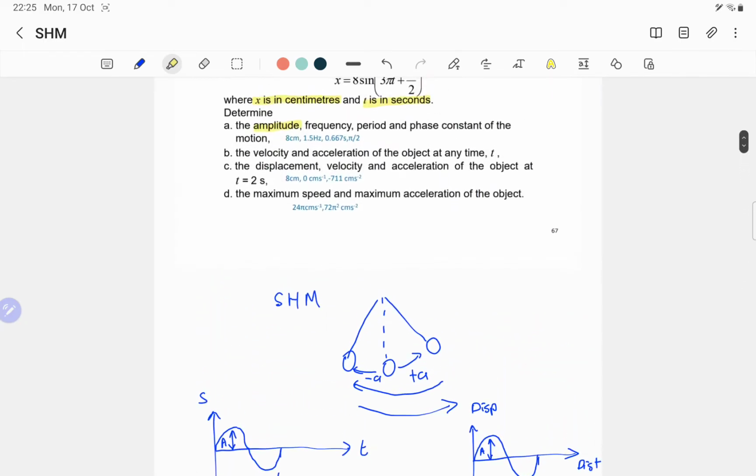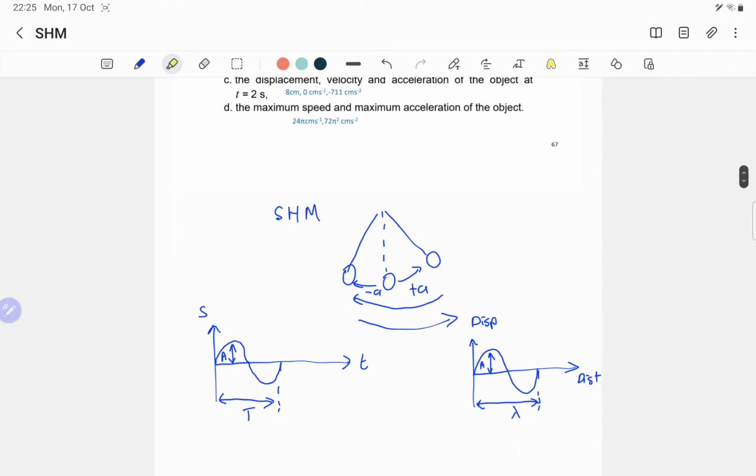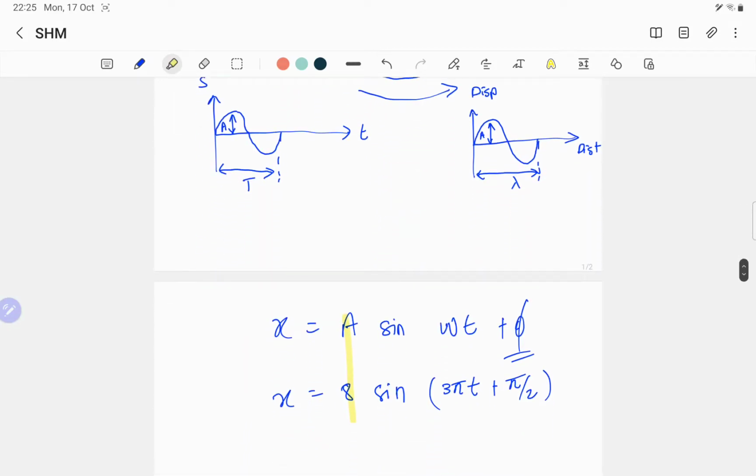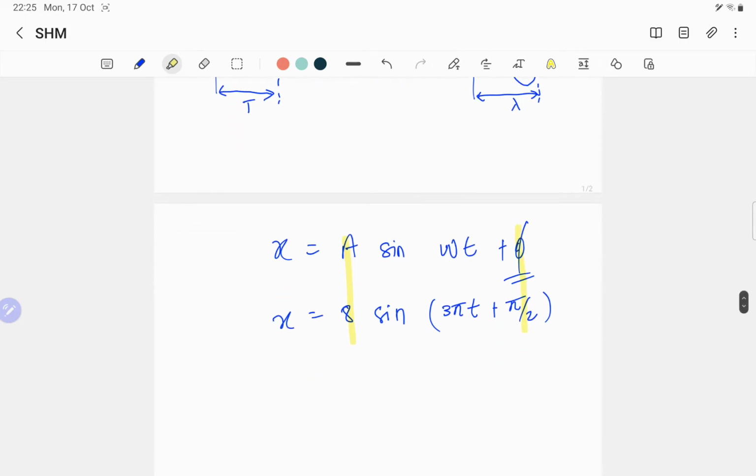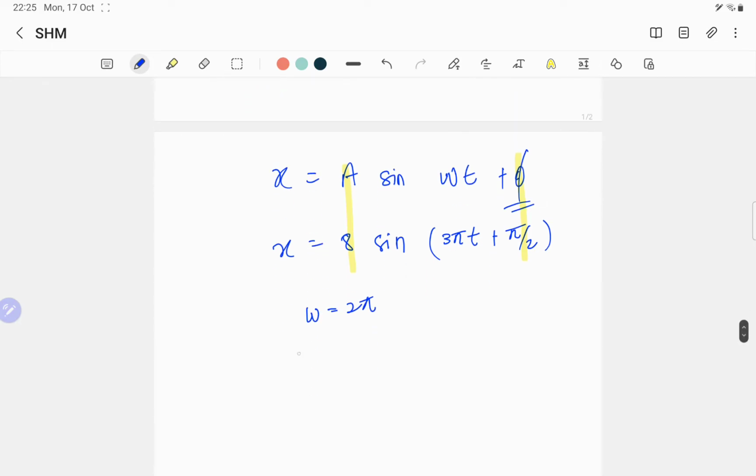Then they want to determine the frequency, period and phase constant. The initial phase will be the phase constant. If you compare, omega will be equivalent to 3 pi, where omega is equivalent to 2 pi f.